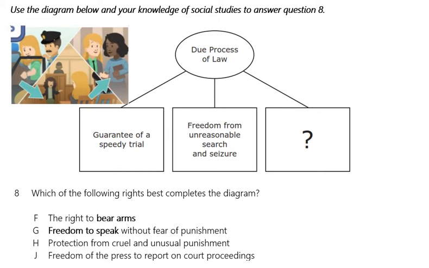F. The right to bear arms. G. Freedom to speak without fear or punishment. H. Protection from cruel and unusual punishment. J. Freedom of the press to report on court proceedings. Which of the following best completes the diagram? The title of the diagram is Due Process of Law.